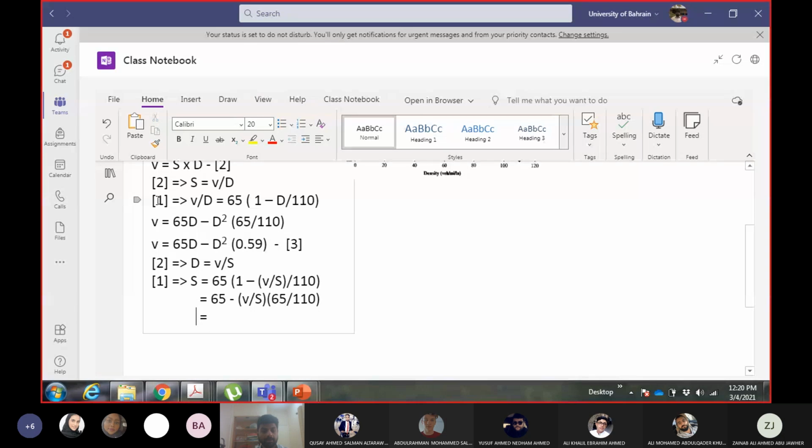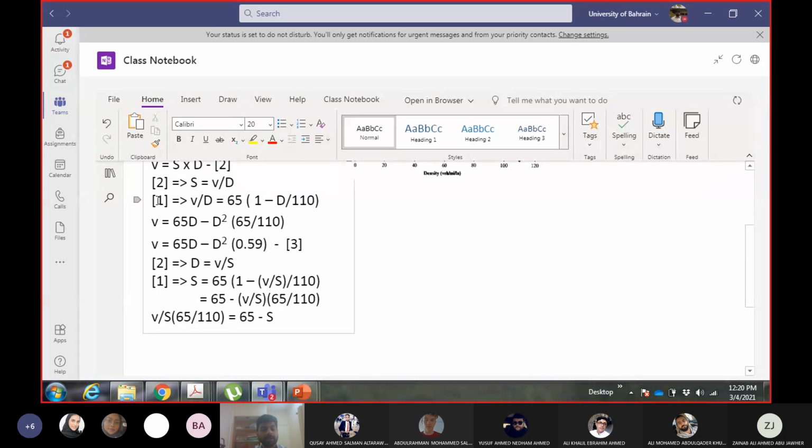So it will be V upon S multiplied by 65 divided by 110. And what will be on this side? It will be 65 minus S.